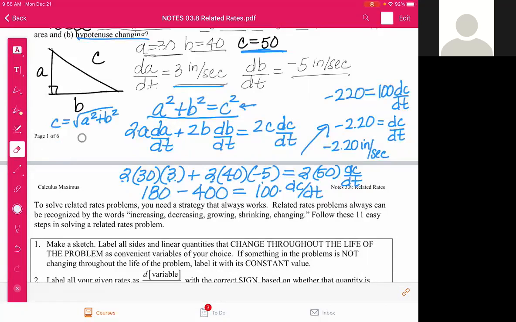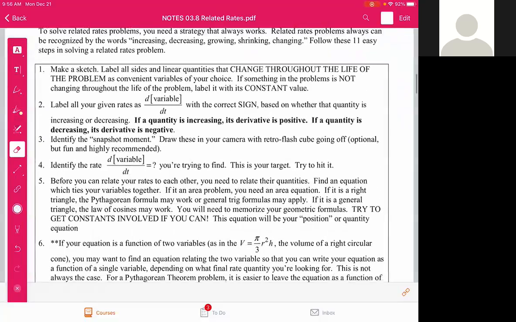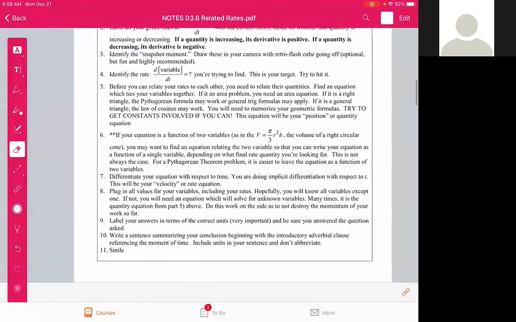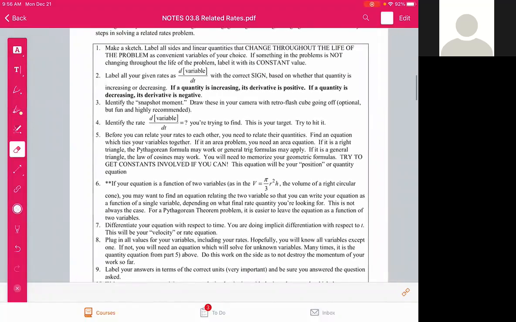Okay, so the next page of the notes is just lots of little pointers for you. Lots and lots of stuff. If you like steps, here you go.